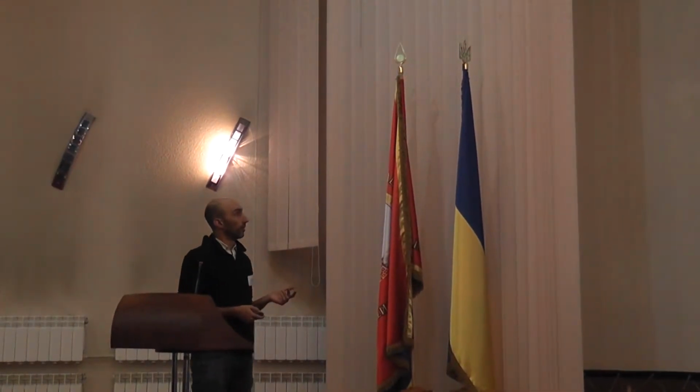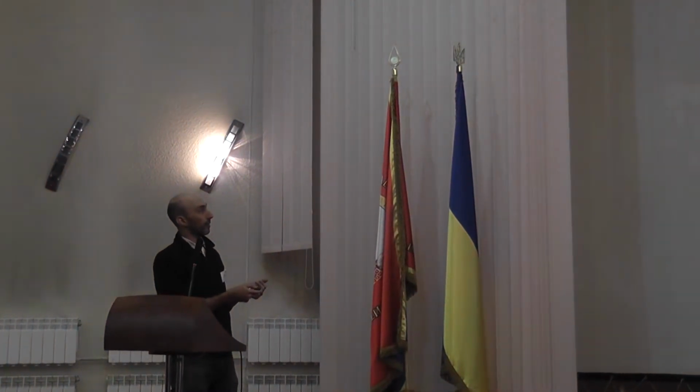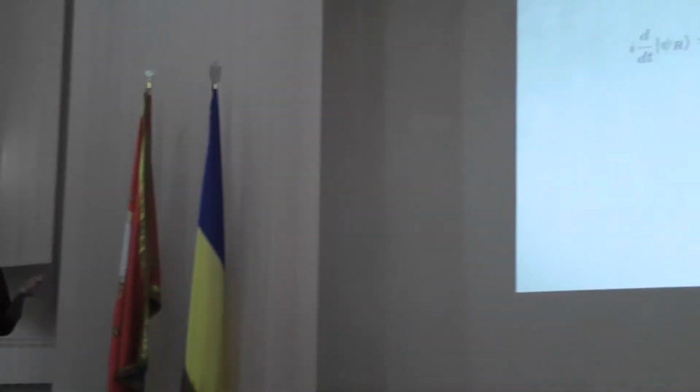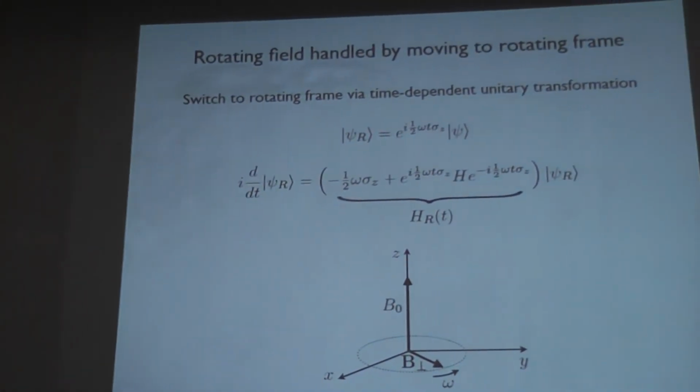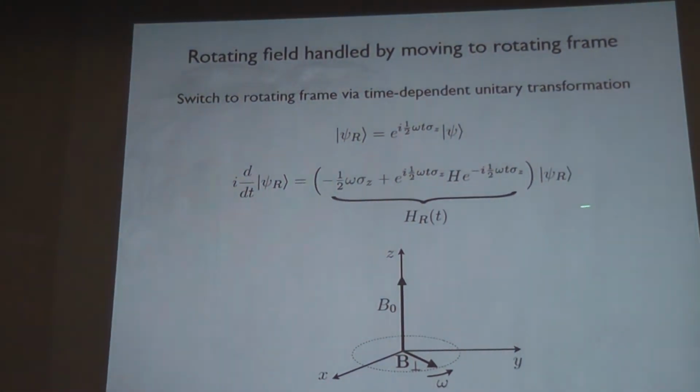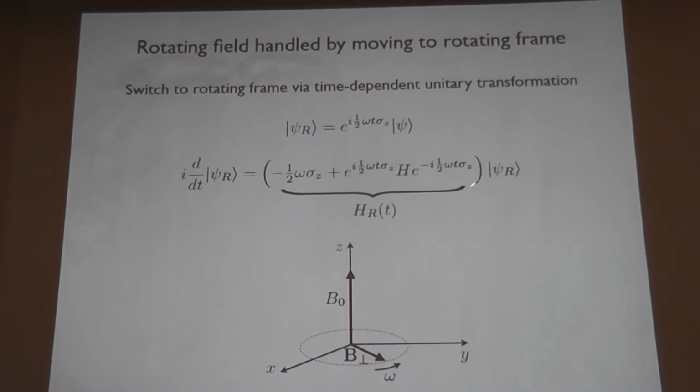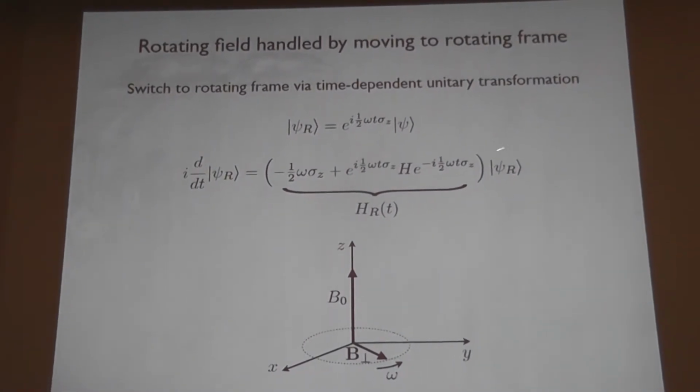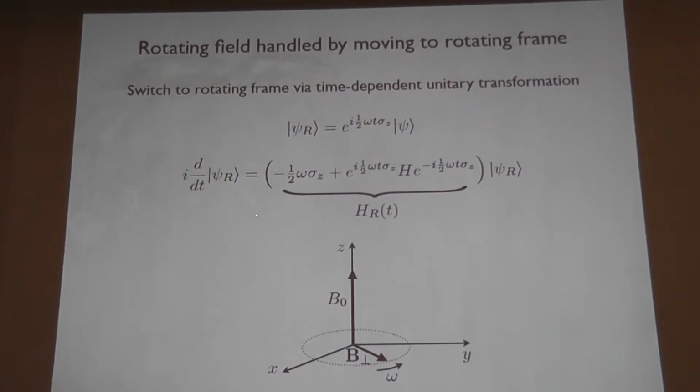So this thing, if I multiply by the exponential and its inverse, I can express the whole equation in terms of psi_r, and now I have whatever this new Hamiltonian is that acts in my rotating frame. It just consists of these two pieces, the transformed original Hamiltonian, and one piece which came from the derivative of the transformation itself.